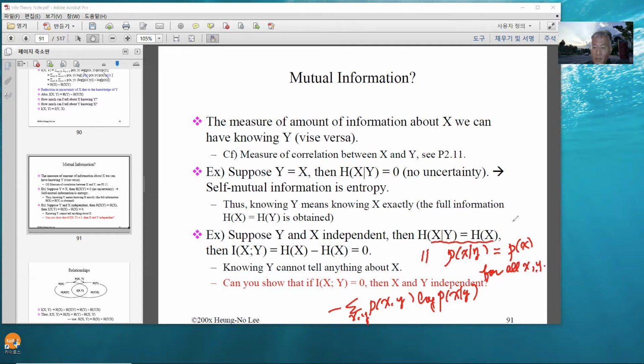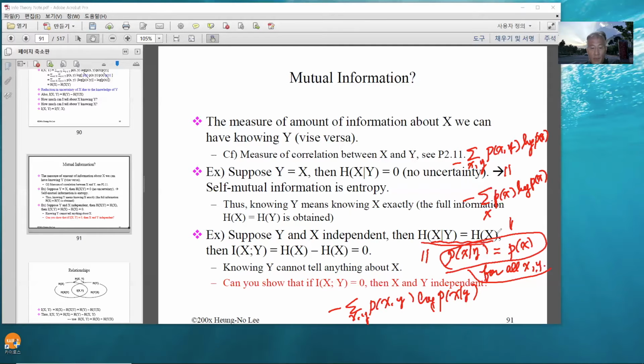And then this can also be written in terms of P of X. So if this is true for all x and y, then basically that is the case.